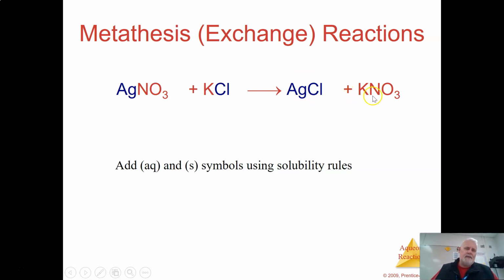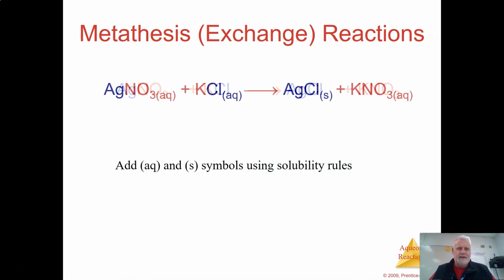And then if you remember rule 1, all nitrates are soluble, so you just plug in the aqueous and solid symbols. So really this is just ions floating in a beaker, and what happens is when you put those 2 solutions together, they will form a new substance with new properties, being a solid.